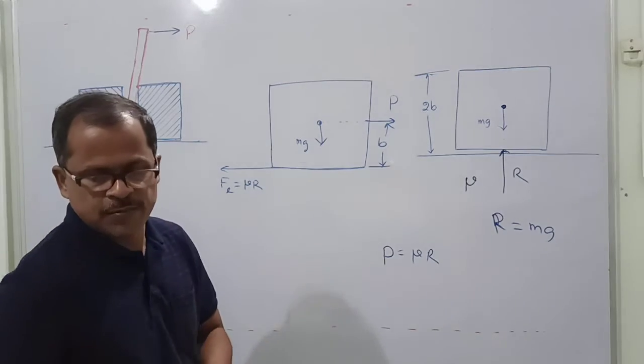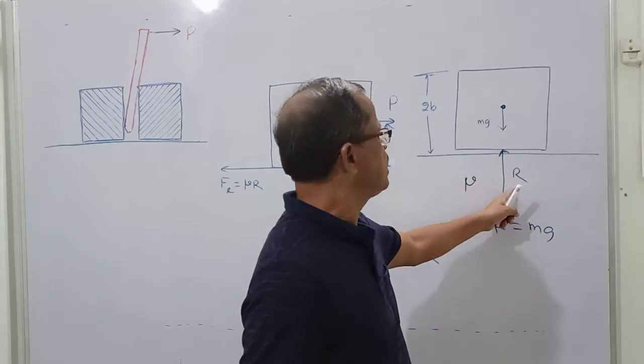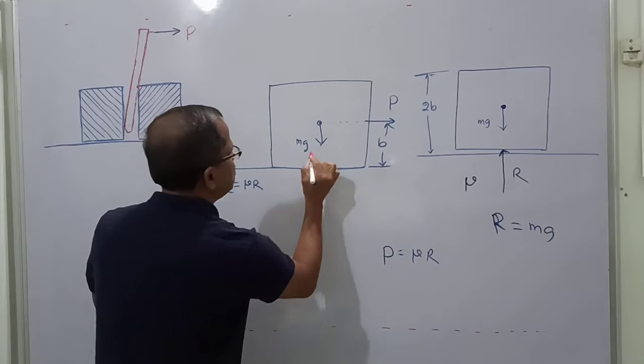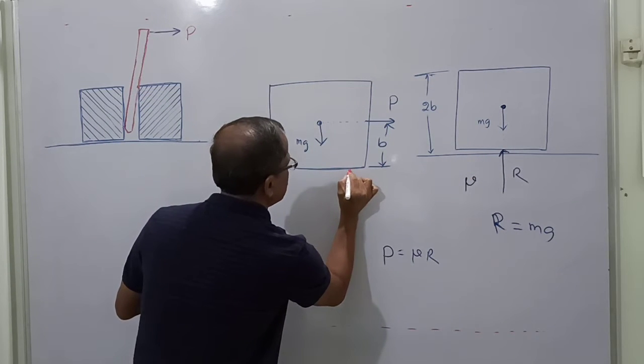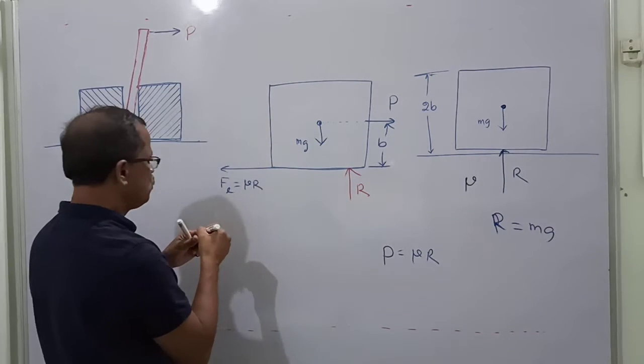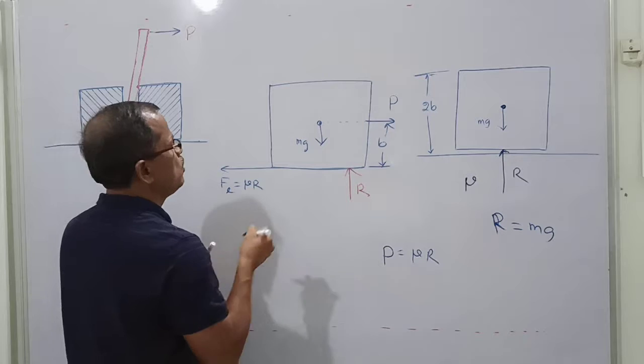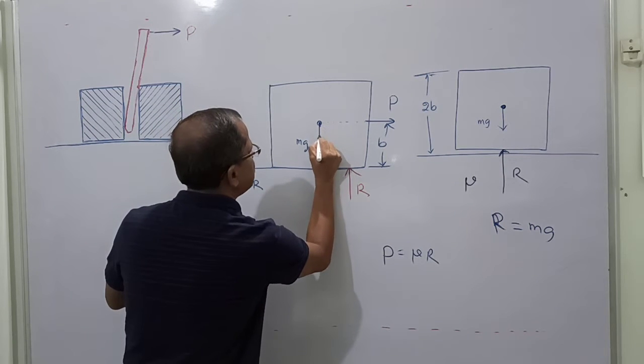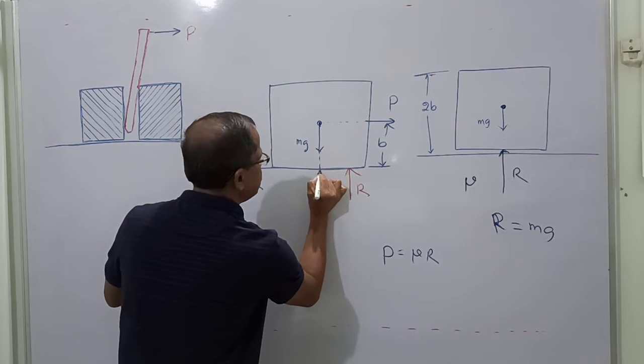Now the interesting part is that before, the reaction was acting upward and passing through the center of mass. Here the reaction will never pass through the center of mass. The reaction will shift to the right. By how much? It will not lie along the weight line; the weight line will be extended.